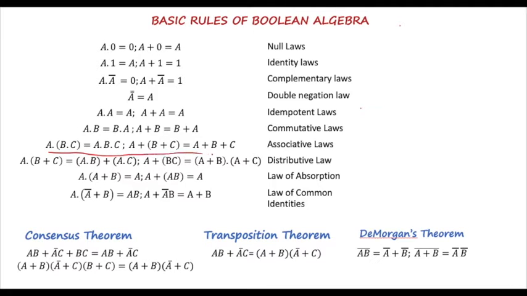Now these are the associative laws. Here you can see B and C ANDed with A is the same as A and B ANDed with C, and in this case B or C ORed with A is the same as A or B ORed with C. This states that the way the variables are grouped, either ORed or ANDed, is immaterial.